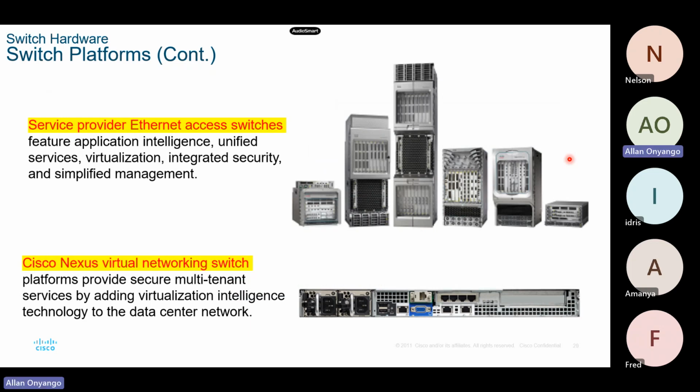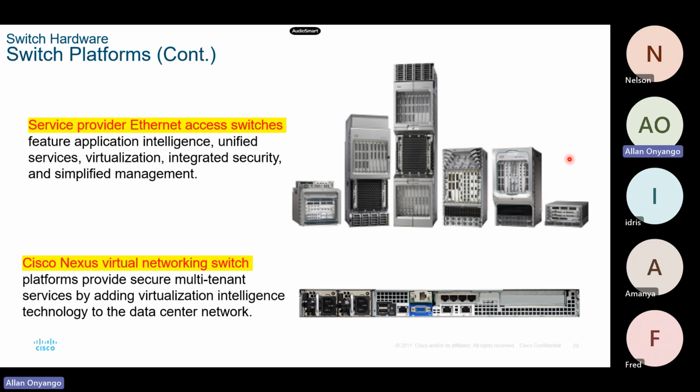We have, of course, service provider switches. These are switches that are used within ISPs, and they have so many features, including virtualization and application intelligence. They have integrated security within them, and simplified management.